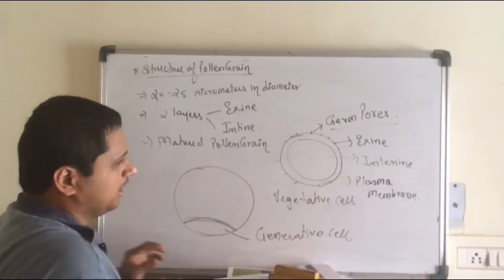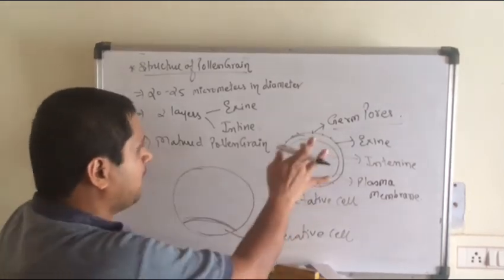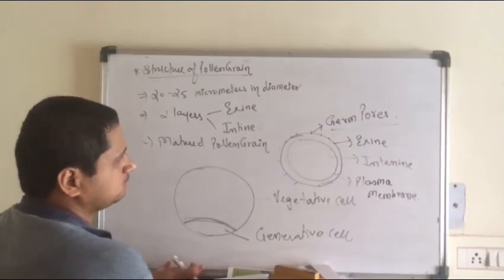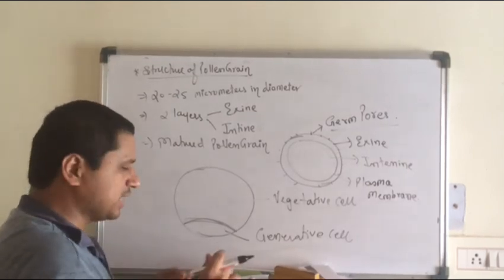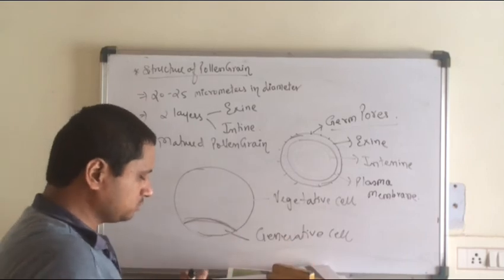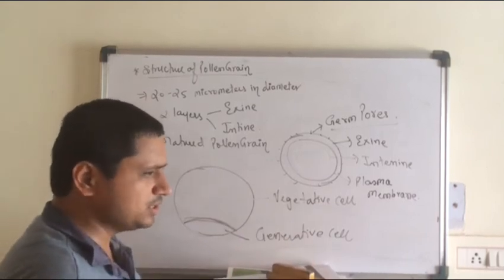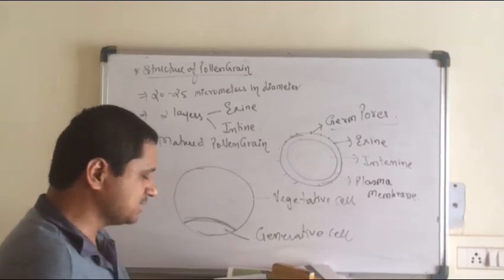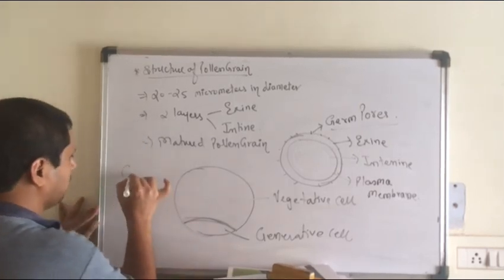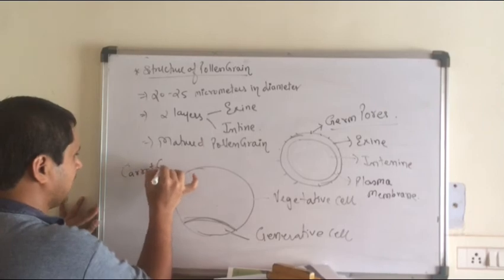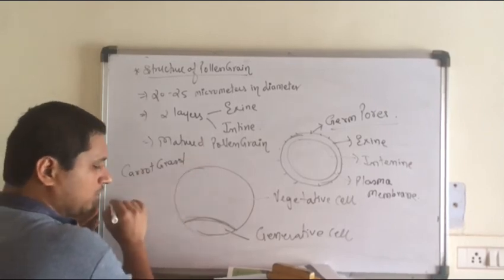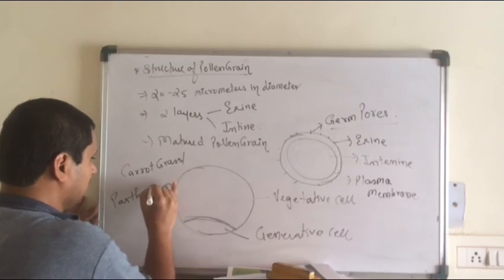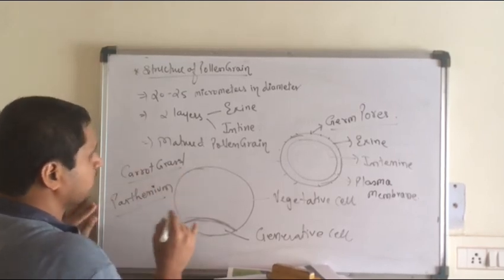Now it is said that in many parts of the western countries, these pollen grains produce allergic diseases. For example, a type of grass known as carrot grass, commonly known as parthenium, causes allergy because of the pollen grains.